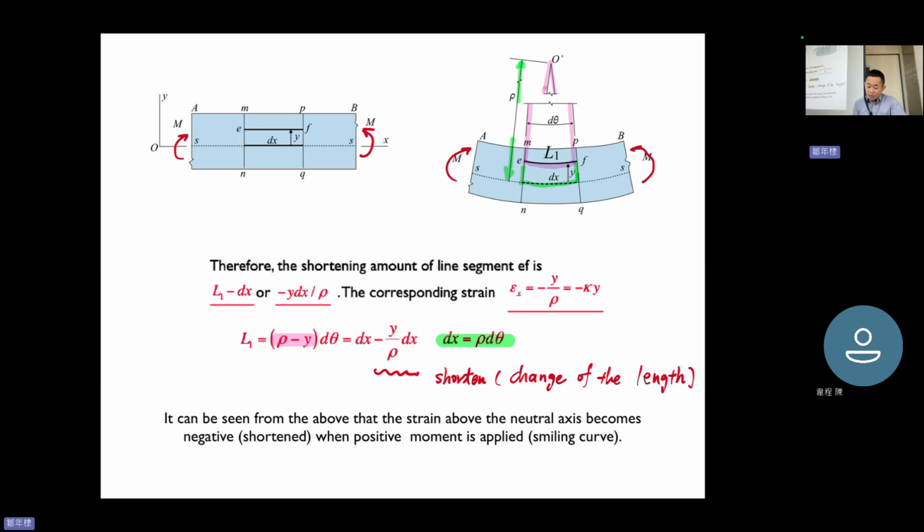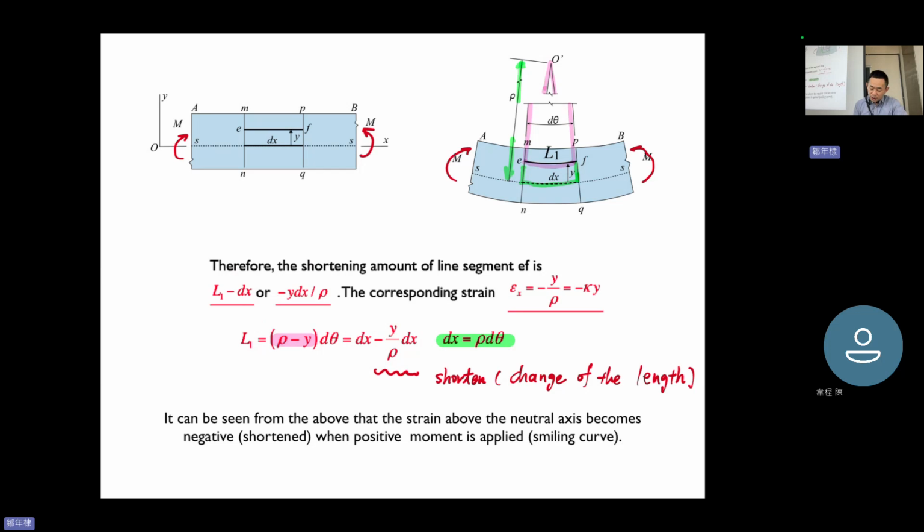Because this is L1, if you want the shortened length, you need to subtract dx, it cancels, and what is left is this one. So the change of EF is this.